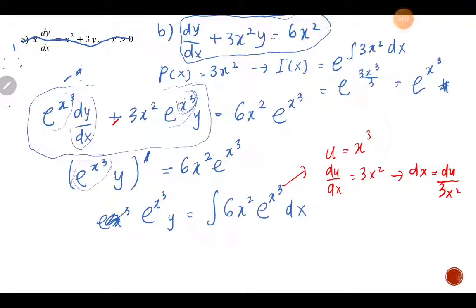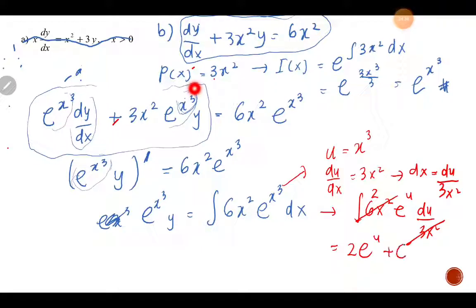Boleh tak kita cancel sekarang? Ada harapan. Yang mana 6x square e to the power of u, dx kita adalah du over 3x square. So you may cancel, you akan dapat kat sini 2 e to the power of u. So integrate 2 e to the power of u, you akan dapat balik 2 e to the power of u lah. Tak ada masalah kan?